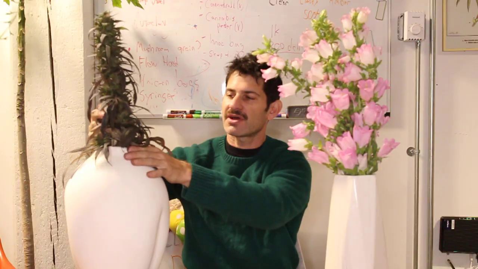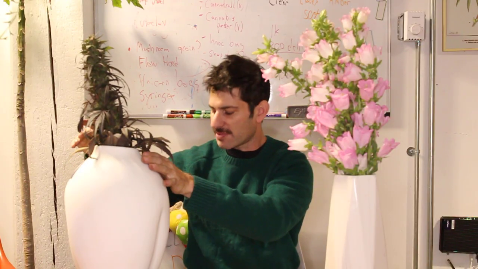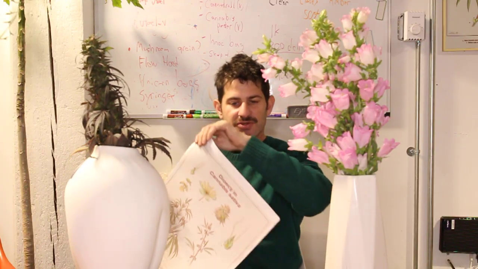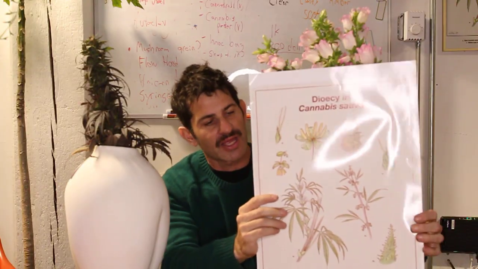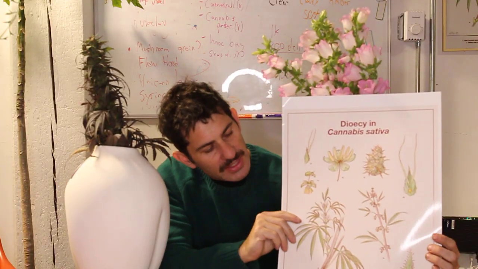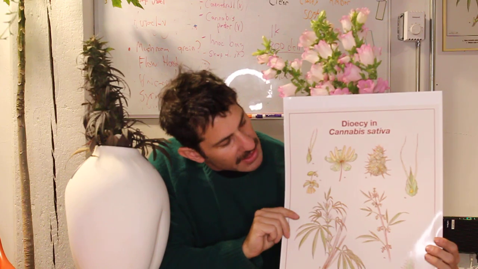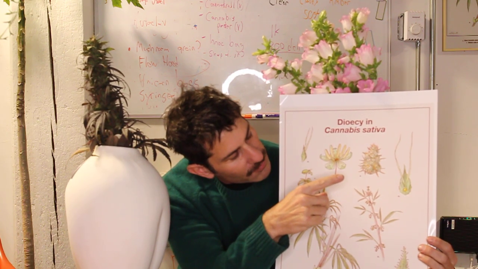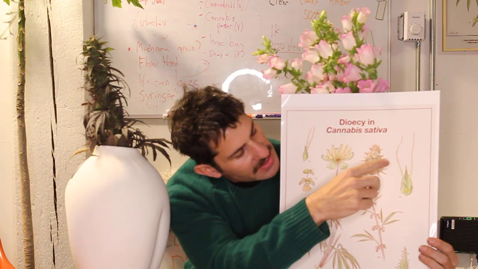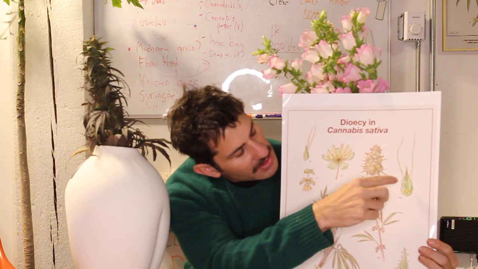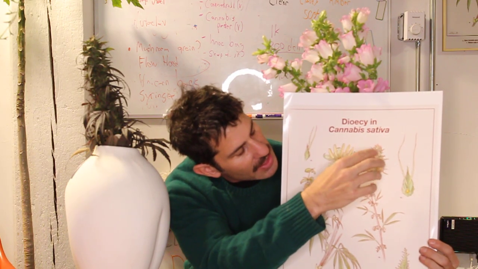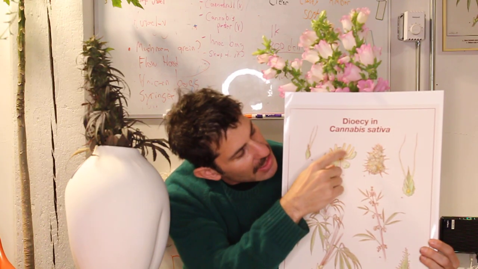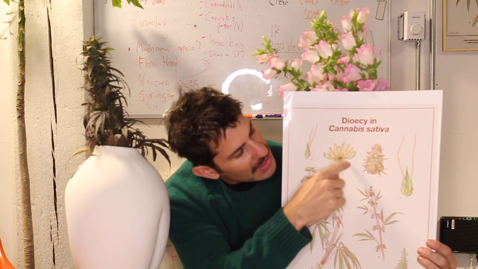So to get a better understanding of what we're talking about, we at All Things Grow developed this fun little diagram that really lays out the different parts of the plant. You can see the traditional female part has the ovule right there, and it has the pistils right there, and it's trying to get pollen from the male part, which has these pollen sacs.